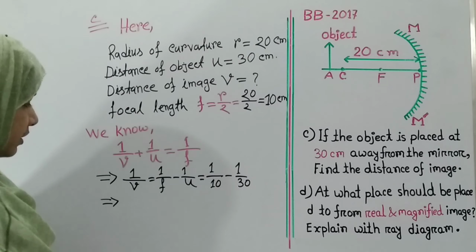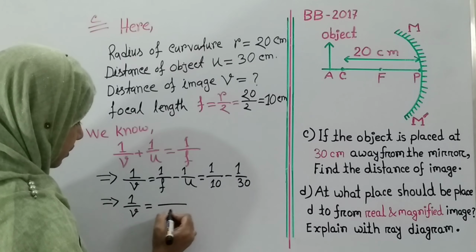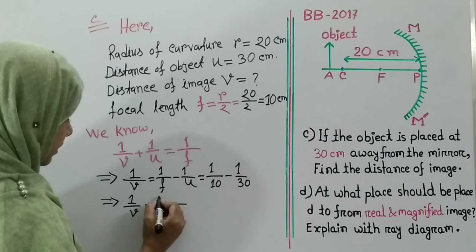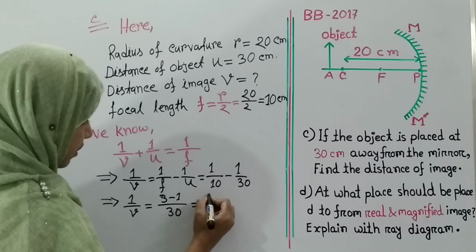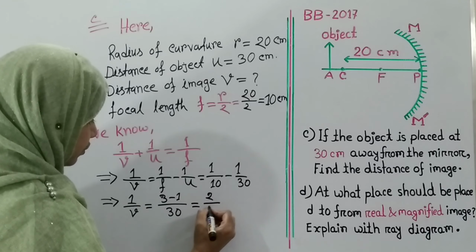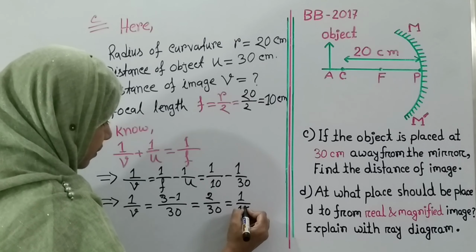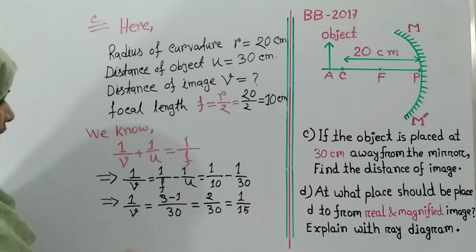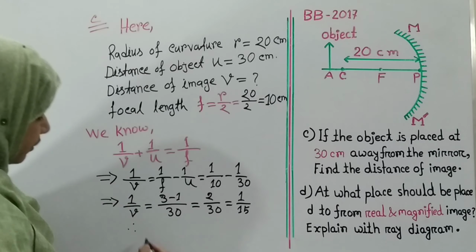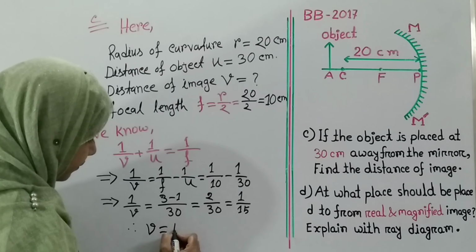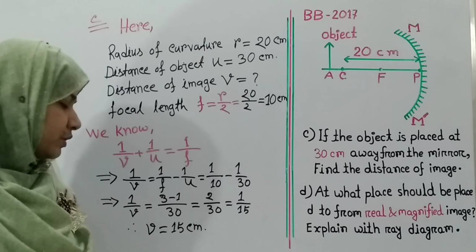We can write 1 by V equals (3 minus 1) by 30, or 2 by 30, or 1 by 15. So the value of V, or the distance of image V, will be 15 centimeter, and this is the answer of question number C.